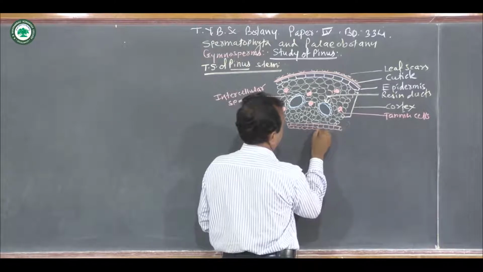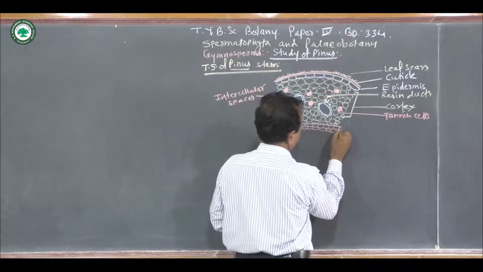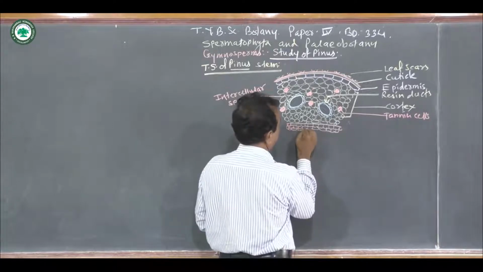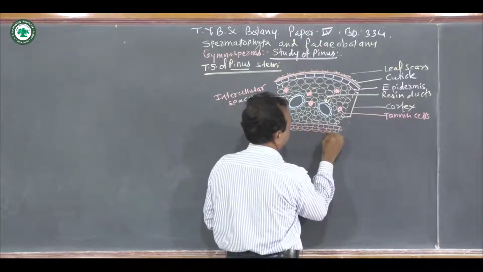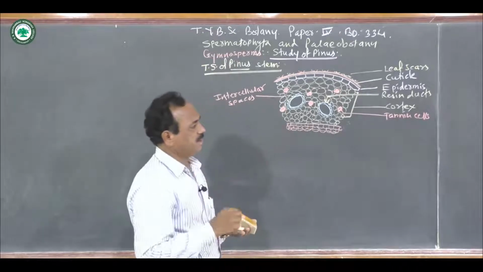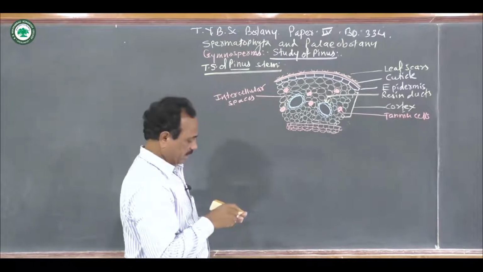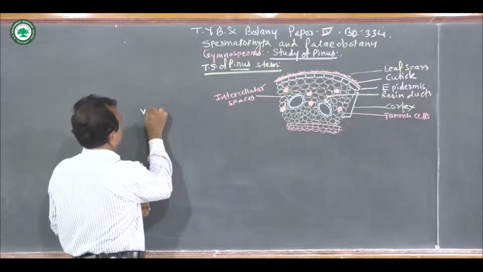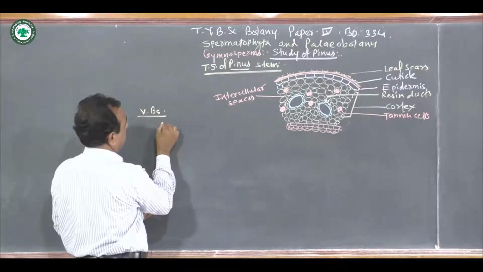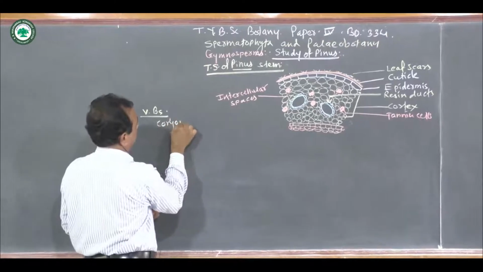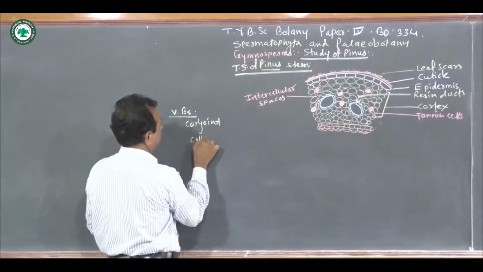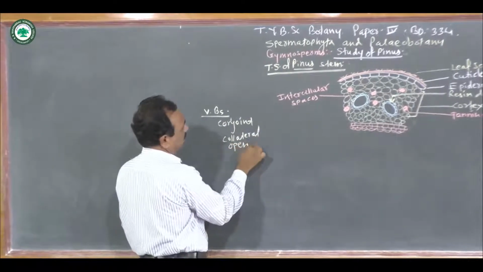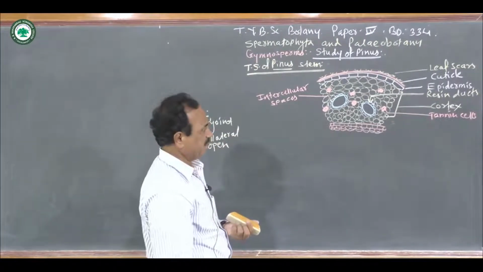Dead and lignified cells are present in this xylem. If you see the stem of Pinus, the vascular bundles are conjoint, collateral, and open type.